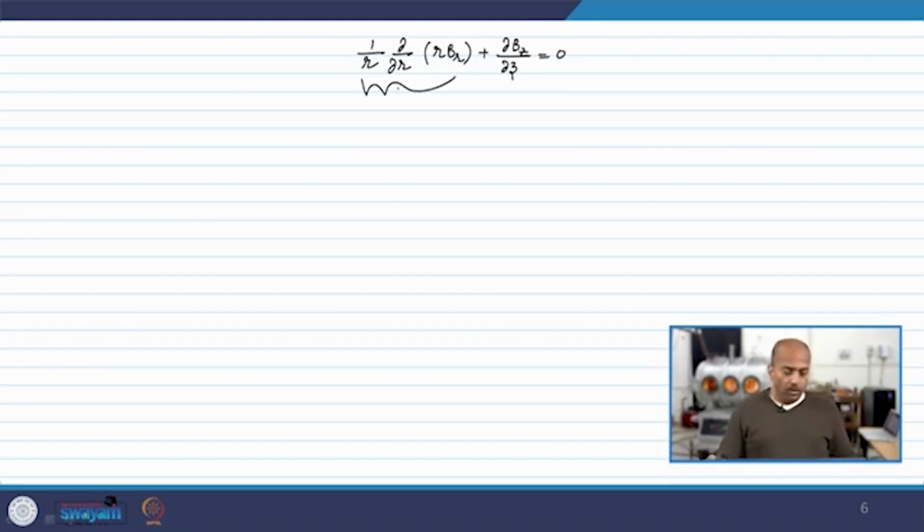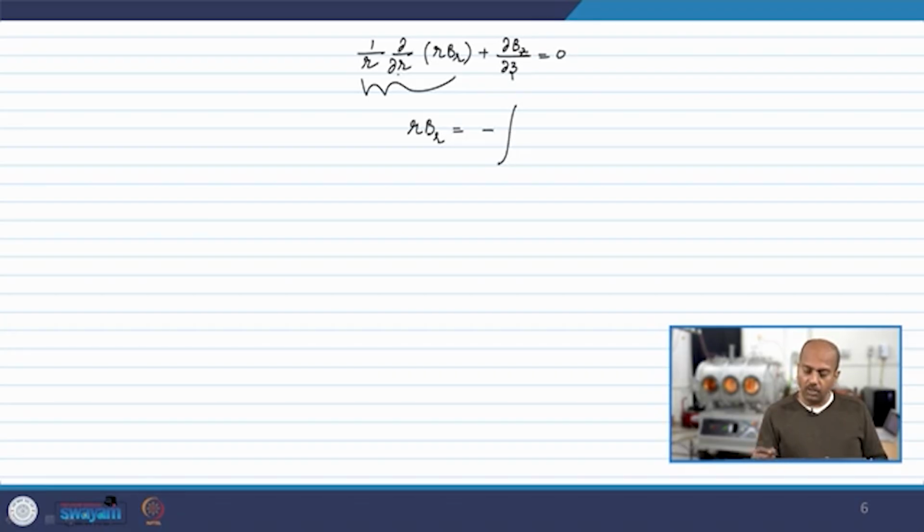Okay. So, we can write simply r Br is minus integral, this derivative goes to the other side and becomes an integral, from 0 to r of ∂Bz/∂z times dr. So, simple vector calculus, where I am just trying to separate Br.